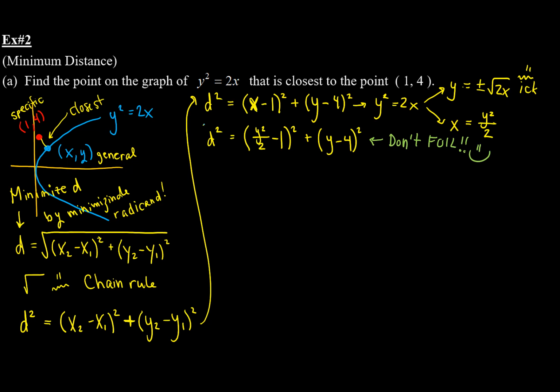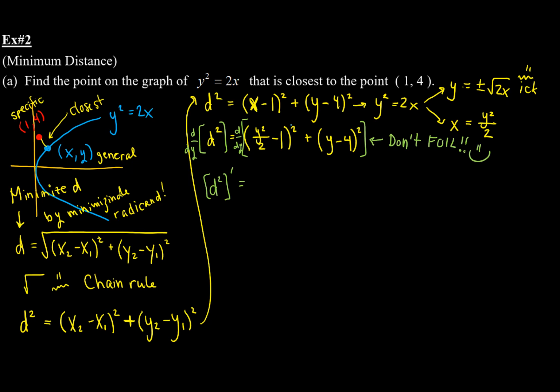Okay, so we are going to take the derivative, in this case, with respect to y, because y is what I have left. So here I'm just going to have d squared prime.